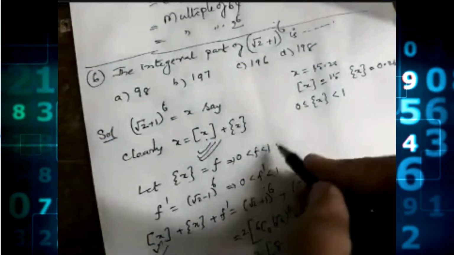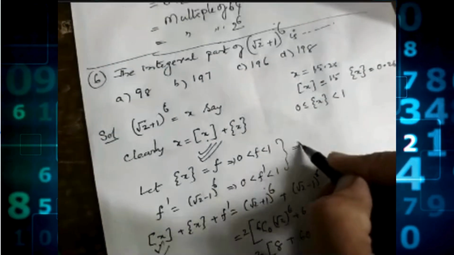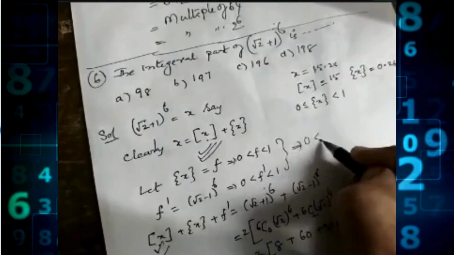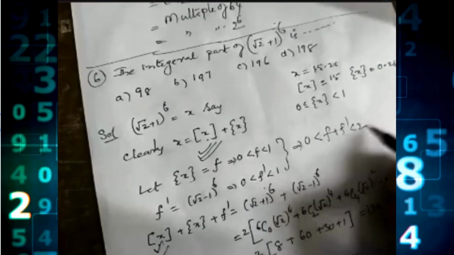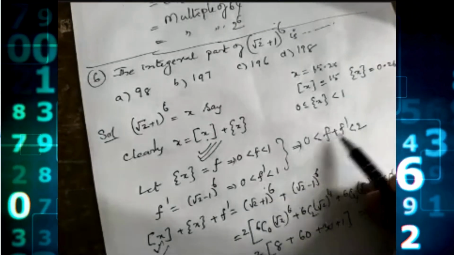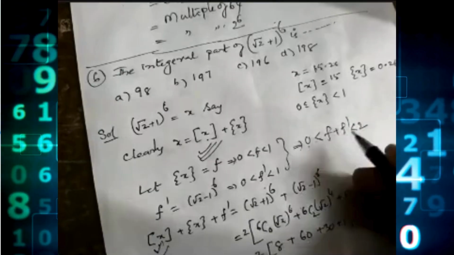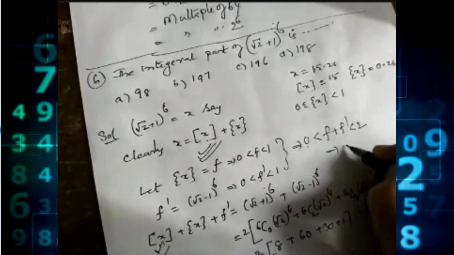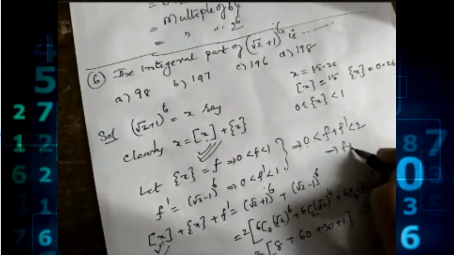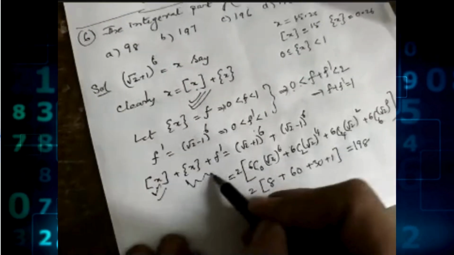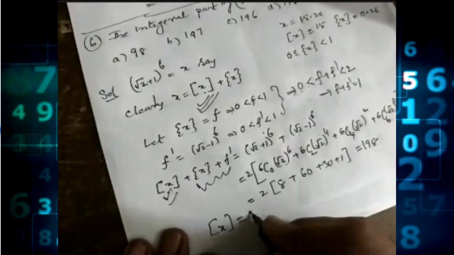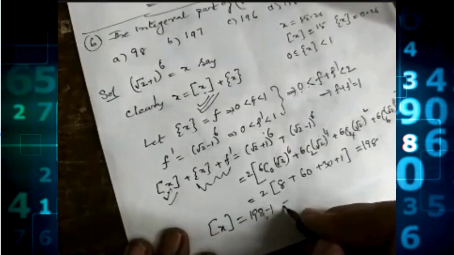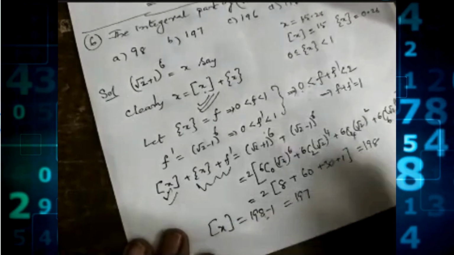If you add these two, 0 plus 0, 0, less than f plus f dash, less than 2. You see, f plus f dash is an integer lying between 0 and 2. What is the integer lying between 0 and 2? It is 1 only. F plus f dash is 1. So, this is 1. Hence, step of x is therefore 198 minus 1, which is nothing but 197. Is the option given? Yes, of course.